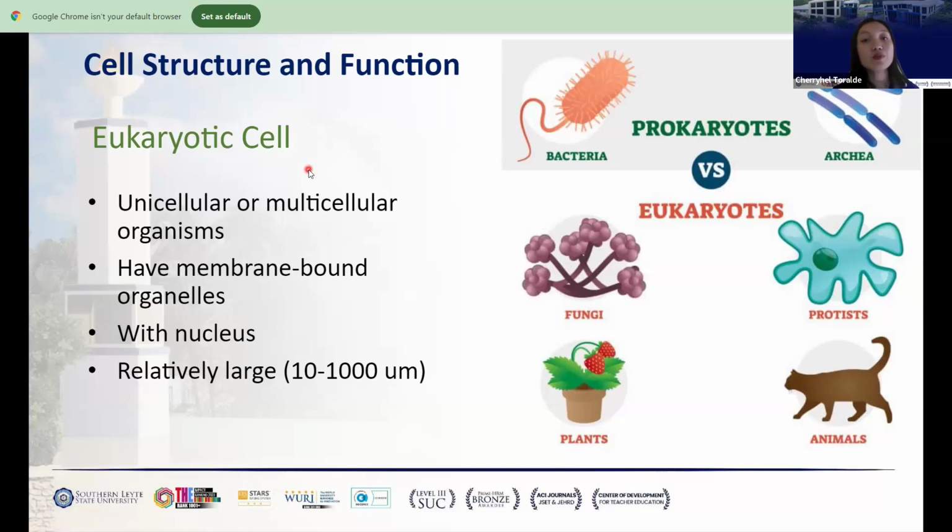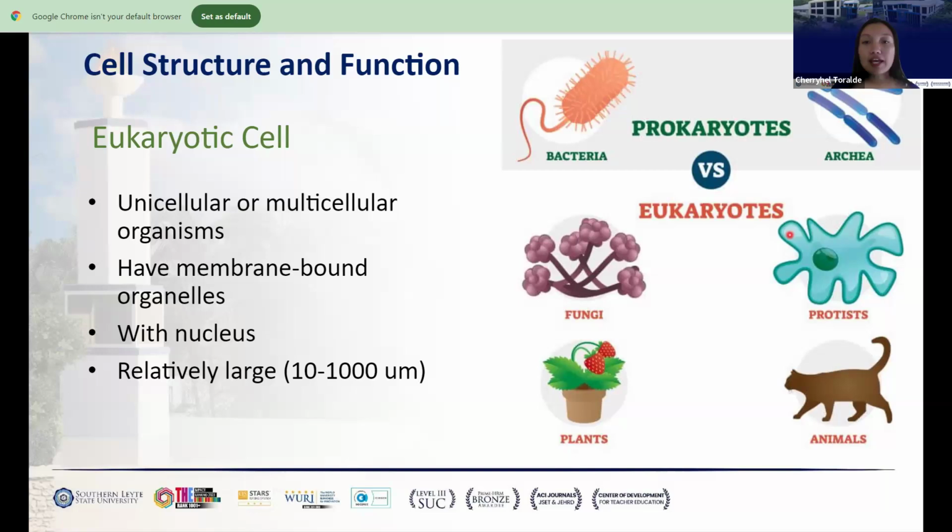So, unlike the prokaryotic cells that are all unicellular organisms, eukaryotic cells can be unicellular or multicellular. For example, algae or phytoplankton are just unicellular. Some fungi are also unicellular, like yeast, right? The yeast that you put in the bread.